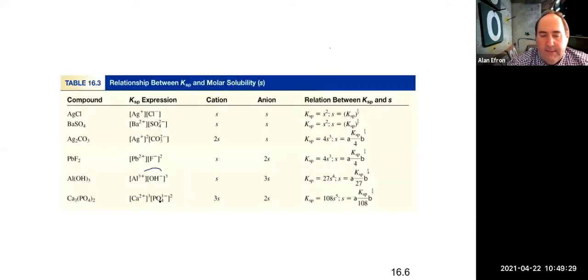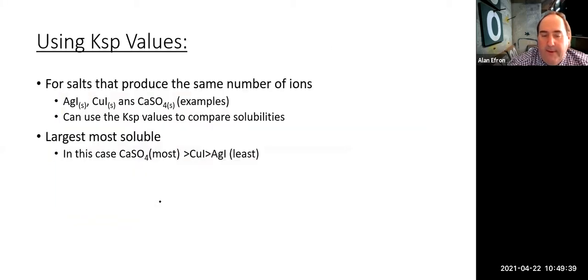Okay, so it's just a table of some of the different relationships that you get when you have 1 ion to 1 ion, 2 ions to 2 ions. So let's talk though about, can we use the Ksp values from the table, for example, to determine whether something is going to be more soluble than something else?